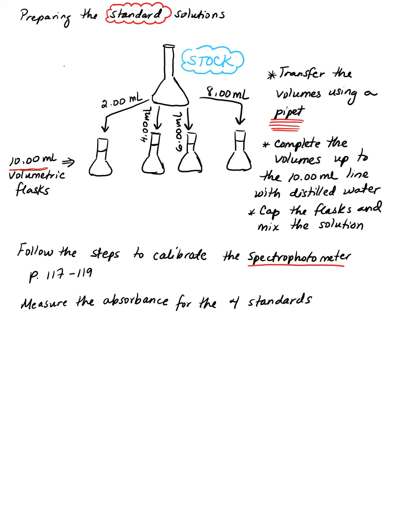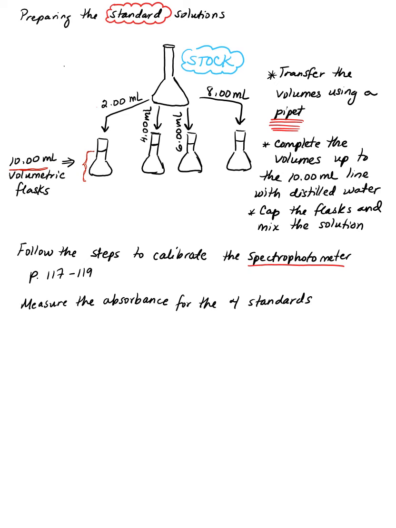So these are dilutions. If you only have 2 milliliters of your stock, those 2 milliliters are going to have the same concentration as the stock solution. But you actually have to dilute those 2 to 10. You need to complete the volume in your volumetric flask all the way to the line with distilled water.